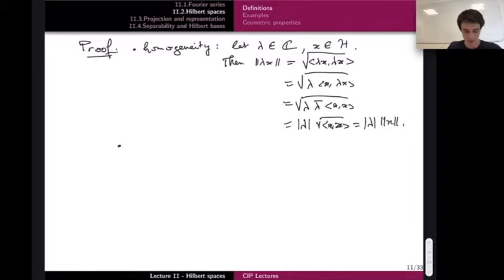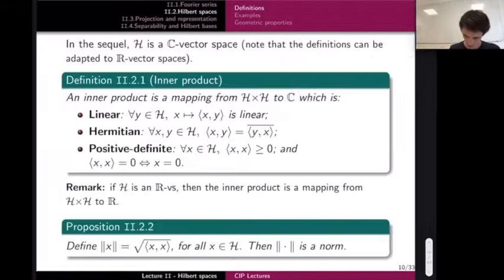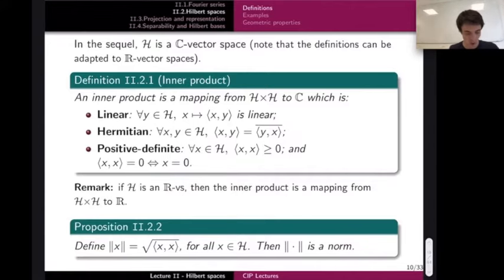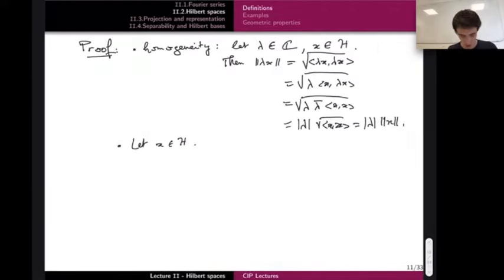Then I want to prove that the norm of x is equal to 0 if and only if x is equal to 0, which is the separability property of the norm. So let x be in H. We will use the positive definiteness of the inner product.